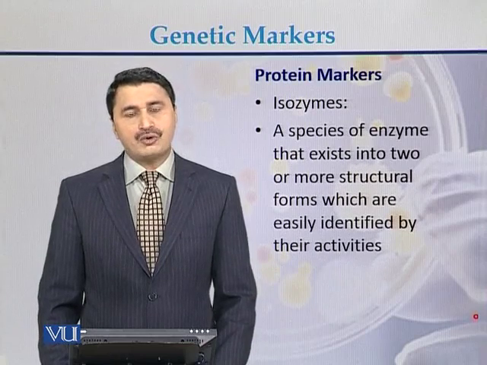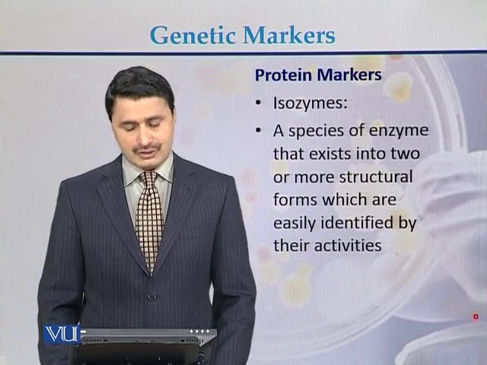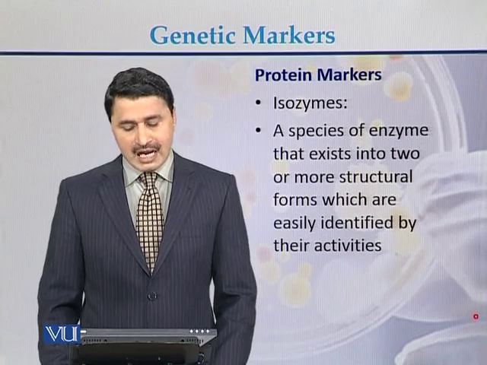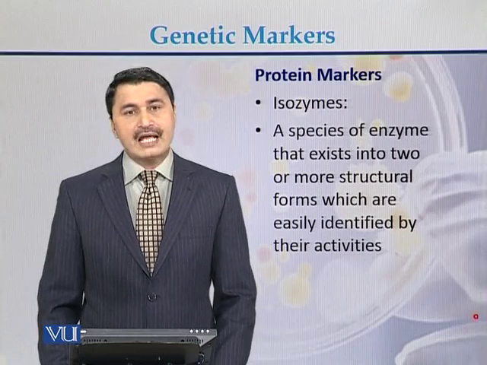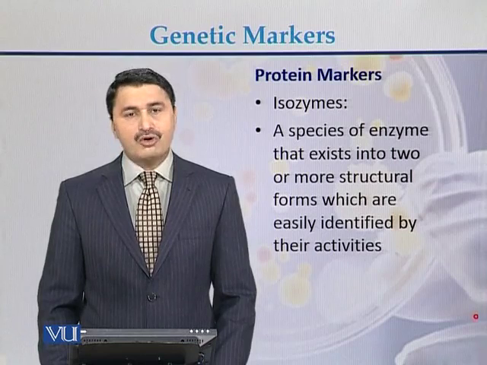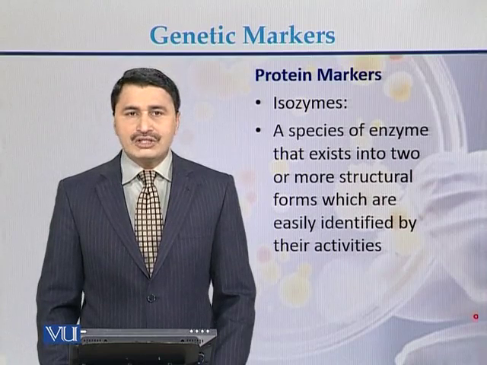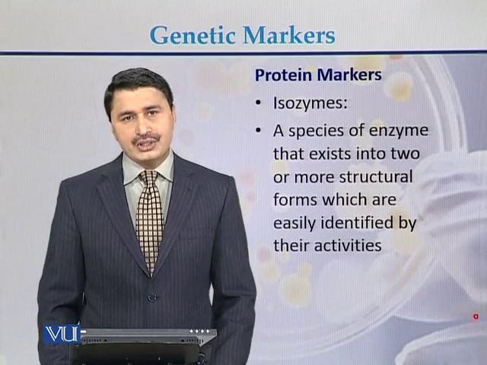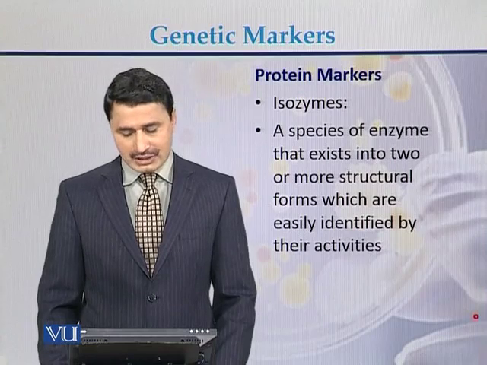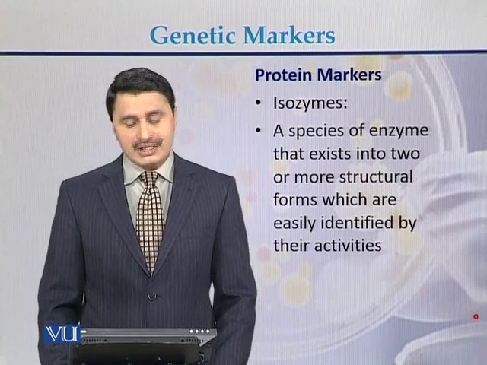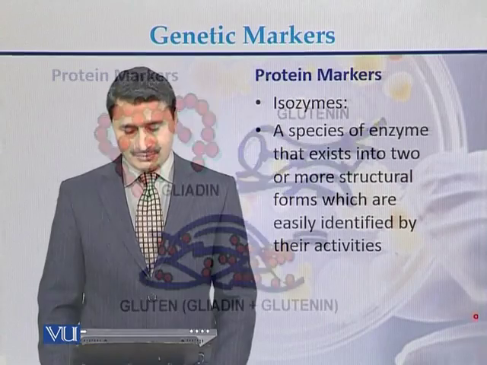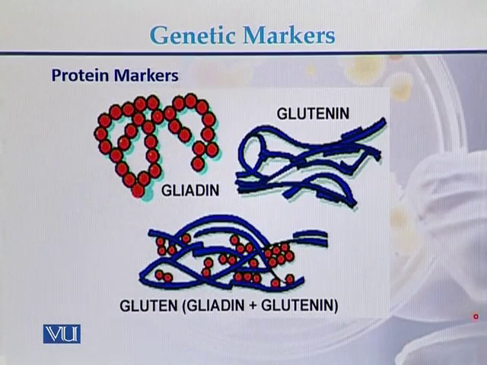Other types of protein markers can be isozymes. What are isozymes? A species of enzyme that exists in two or more structural forms. These types of enzymes exist in two or more structural types, which can be easily identified by their activities. These are different types of protein markers.